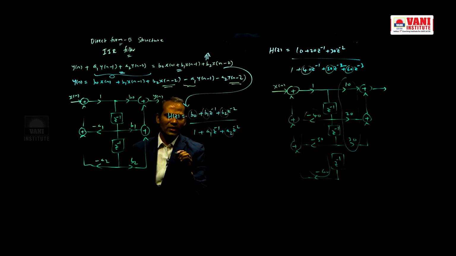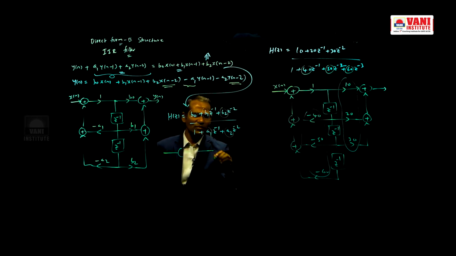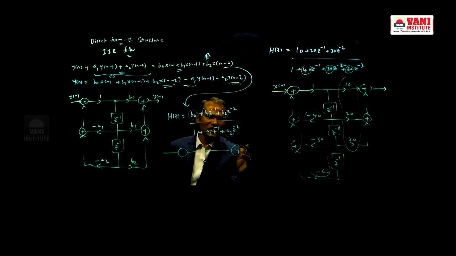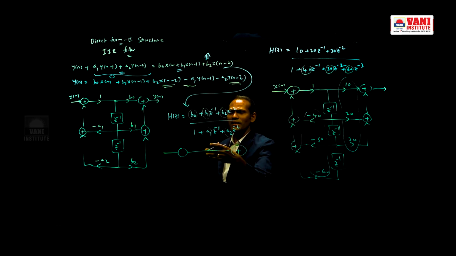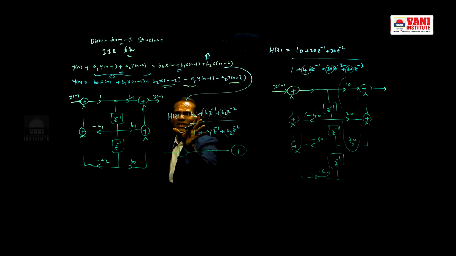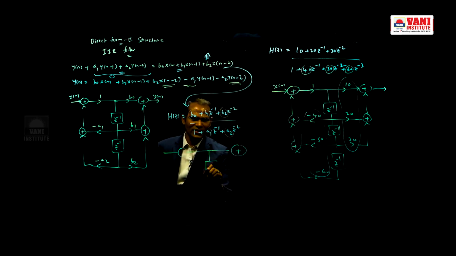We will see one more example. Now I have to write H of z based on a diagram. Now the reverse. Sometime back I told you that for a given H of z, how to write the structure. Now I am giving the structure, and I will explain the procedure to write H of z.